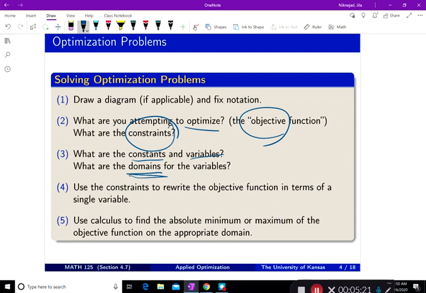And then you want to use the constraint to rewrite the objective function in terms of one single variable. Calculus 1 is all about one single variable, and so you want to use, again, the constraint to do that. We've been doing this in pre-calculus pretty often, but now it's more and more of that. Then you use calculus to find the absolute minimum and maximum of the objective function on the appropriate domain.